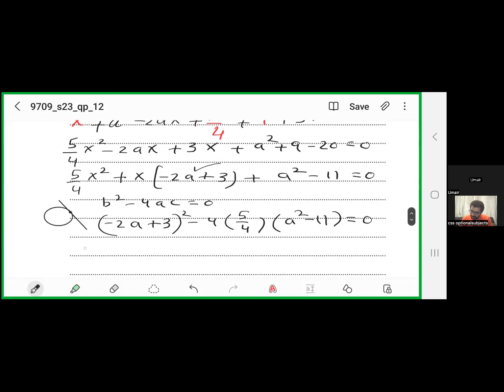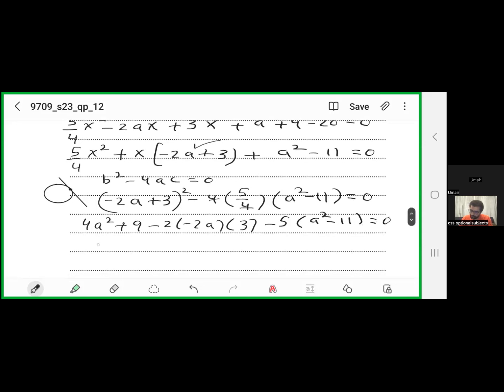Again open the square. This is 4a square plus 9. I am opening the formula a plus b whole square, minus 2ab. So 2a is minus 2a, b is 3. This 4 and 4 can be cancelled. So minus 5 into a square minus 11 is equal to 0. So this will be 4a square plus 9 minus into minus is plus, 4 into 3 is 12.